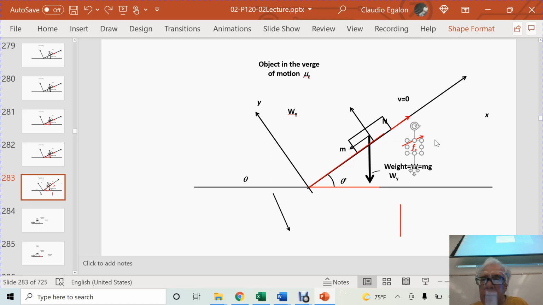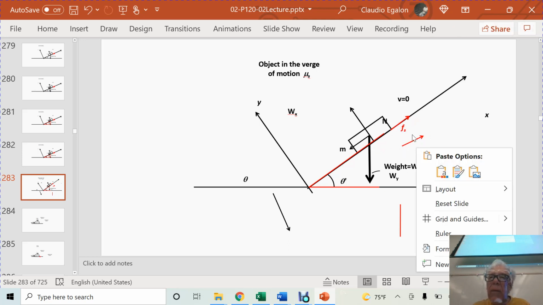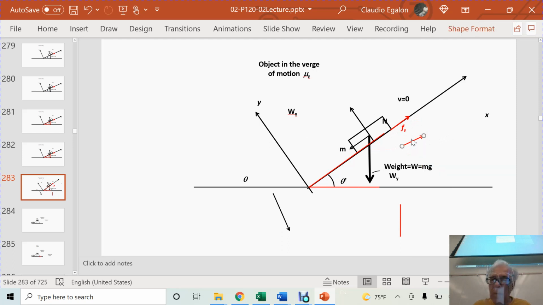Oh, I made it upside down. Here you go. F sub s. That's the weight. Let me move this one elsewhere. And that's gonna be my W sub Y perpendicular to the plane.